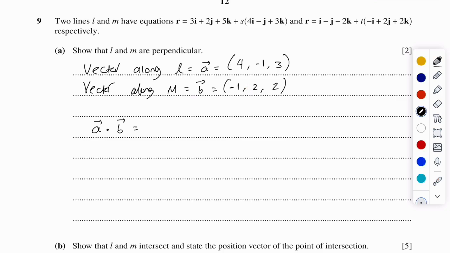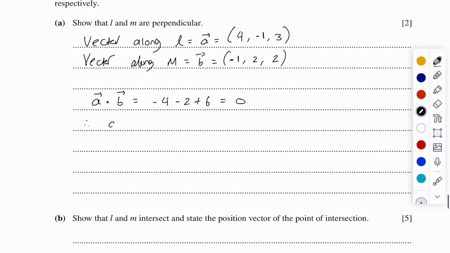So minus 4 minus 2 plus 6 equals 0. Therefore A is perpendicular to B, and that's all you need to do. We've shown it with the direction vectors, so therefore L is perpendicular to M.